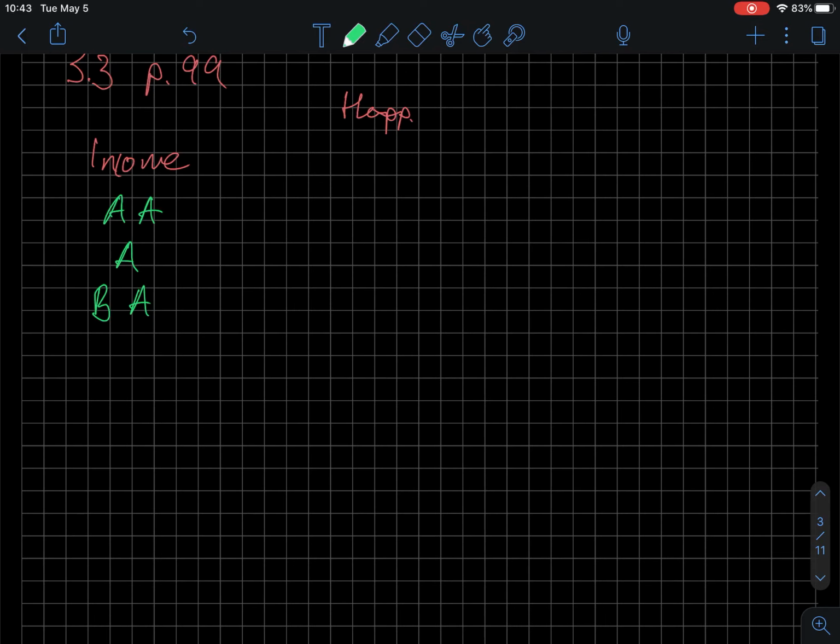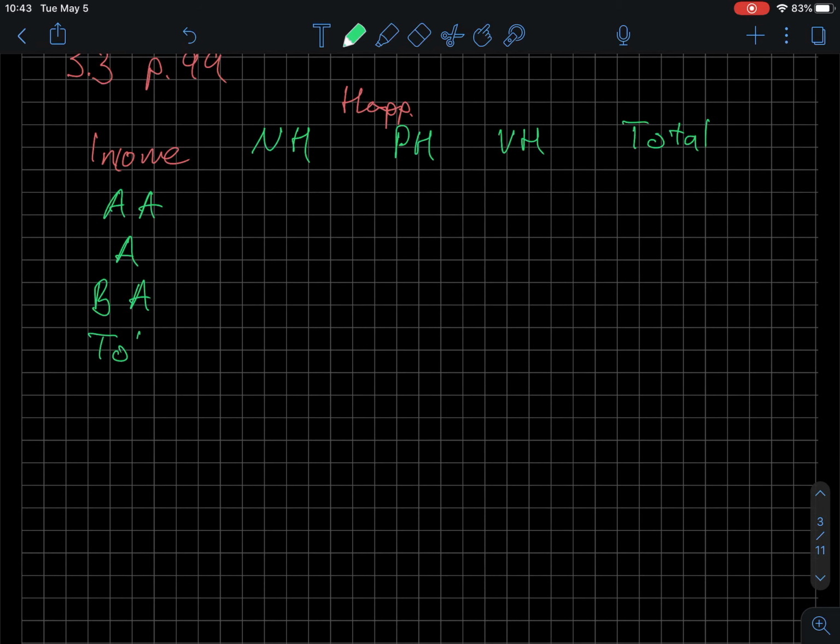Then we have people who are not happy, pretty happy, very happy, and we'll put total right here, and then a total at the bottom. So we draw this out and start filling this in.